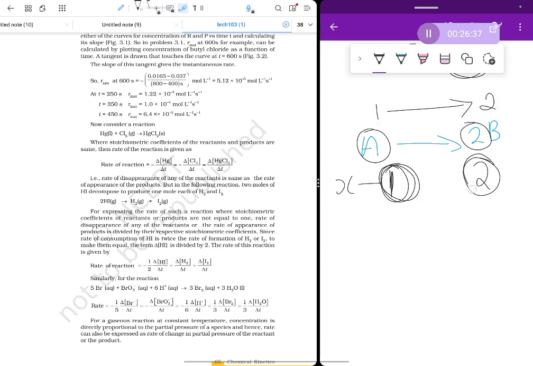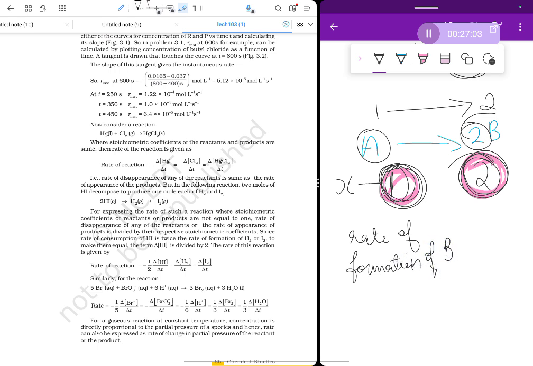So 1 mole dissociated, it will produce 2 moles. So the rate of formation of B, when 1 mole of A has been dissociated and 2 moles of B have been formed, is twice the rate of disappearance of A. Here when 1 mole dissociated, 2 moles have been formed, so the rate of formation of B is twice.